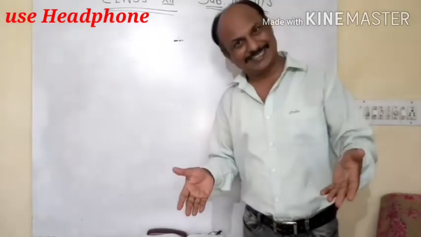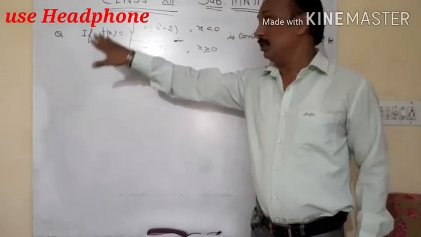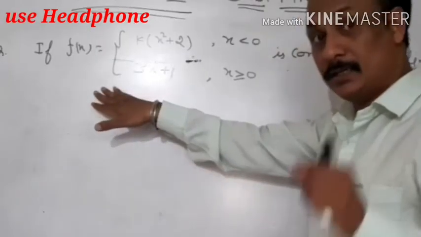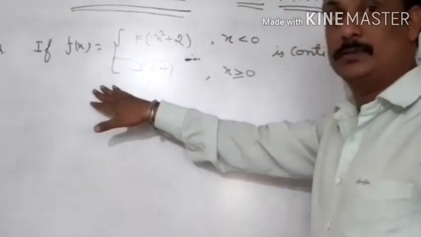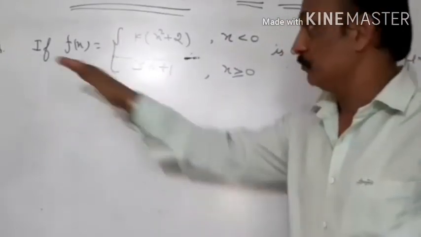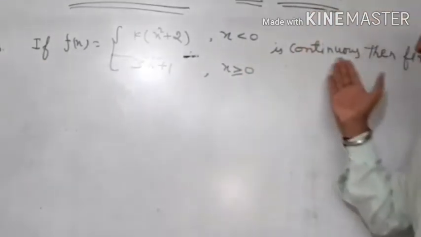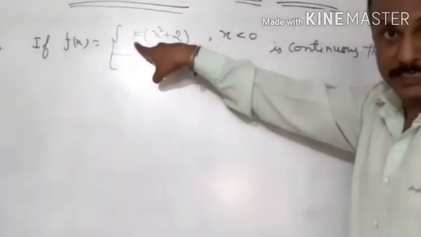Let us start. I am taking this question. It belongs to our previous board papers. In this, if the given function f(x) is continuous, then find the value of k.